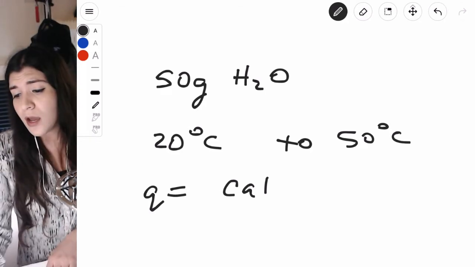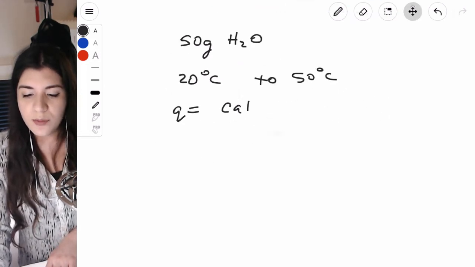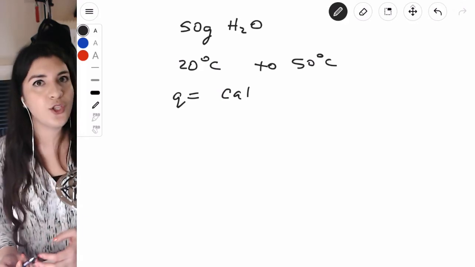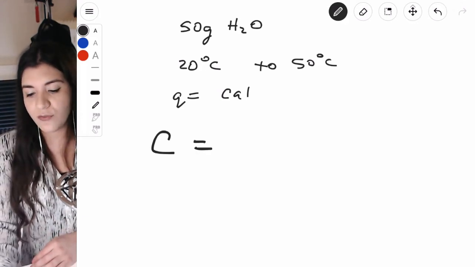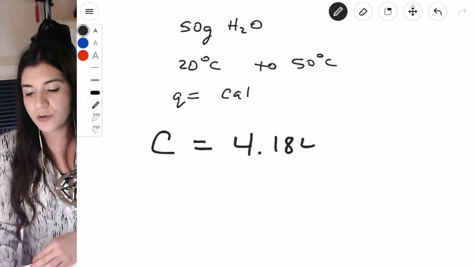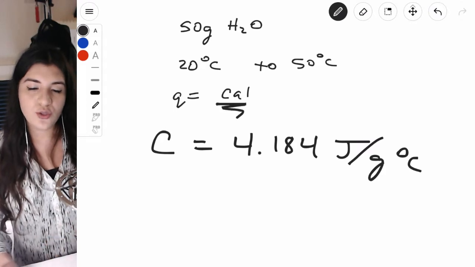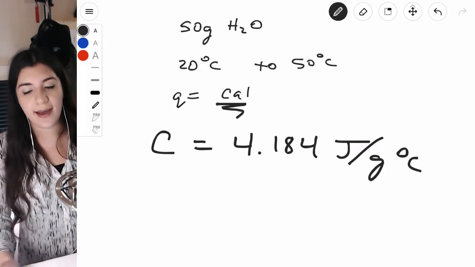Q could also be measured in calories, and this is of water. There's one little piece of information that's missing, and professors typically expect you to know this. For water, the specific heat capacity is 4.184 joules per gram degree Celsius. We want to get to calories, so we will convert joules to calories at the end.